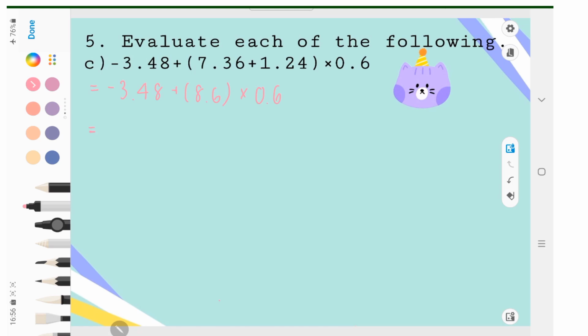So we write it as negative 3.48 plus open bracket 8.6 times 0.6 close bracket. Next one is negative 3.48 plus 5.16, and the answer is 1.68.